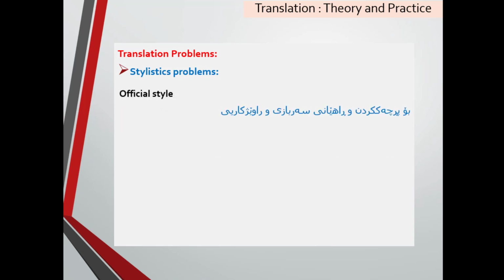Look at these examples. For example, بۆ پڕچەککردن و ڕاهێنانی سەربازی و ڕاوێژکاری. You see the terminology like پڕچەککردن is very special to official agreements between government offices or between countries or parties. You say هەردوو وڵایەت چوونە ناو ڕێکەوتنێکی دادپەروەرانە. ڕێکەوتنی دادپەروەرانە, that's to say it is just for both.